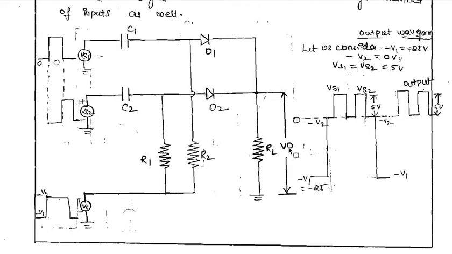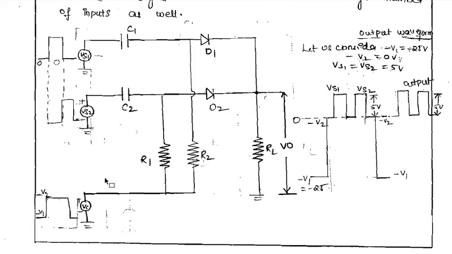So when the control signal is at the upper level of minus V2 here, then the diodes will be on. If you get the positive point over here, then the diodes will be in the on condition, and the output will be the present input whatever you are having at this point. So at that time the control signal will act as a capacitor-coupled OR gate.